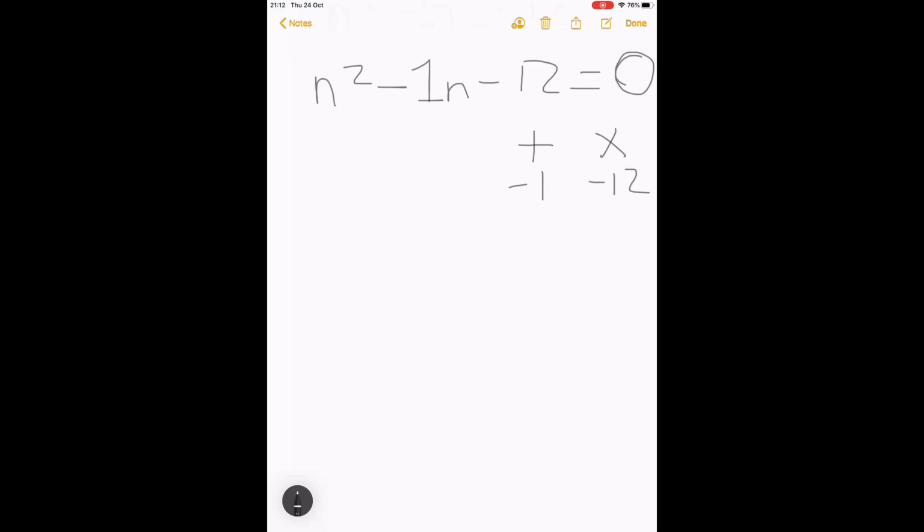We can think of 12 and 1, but that wouldn't add to minus 1. We have the numbers 2 and 6, but those wouldn't add to get minus 1. And then we have 4 and 3. A possibility would be that minus 4 times 3 is minus 12, and minus 4 plus 3 is minus 1. So those would be its factors.